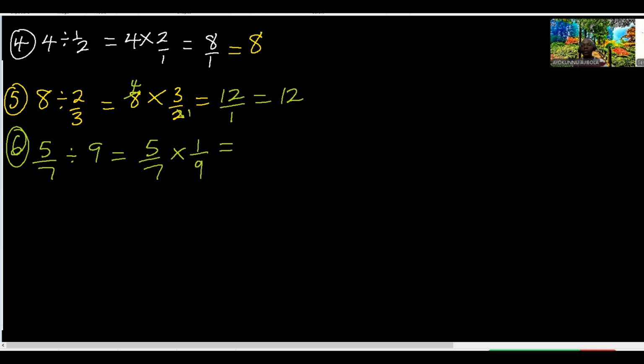Can any number divide themselves from top to bottom? No. So what should I write now? You write 5 over 7 times 9, that is 63, okay? So that shows you that you still need to know all of the multiplication tables, okay?